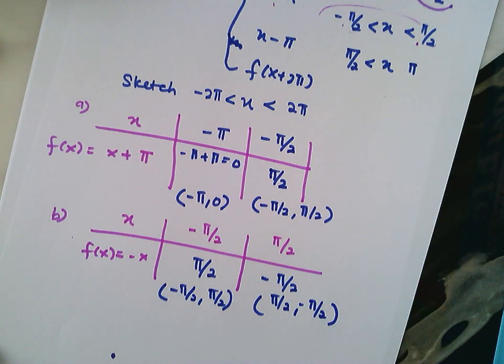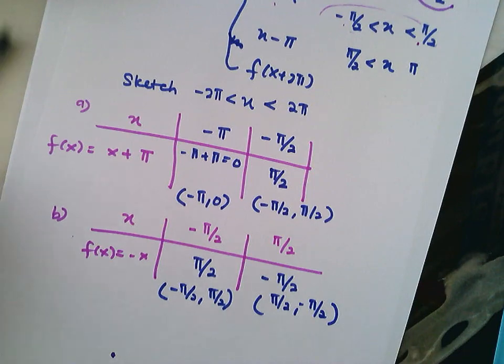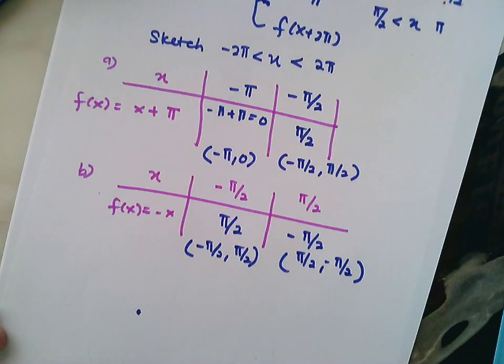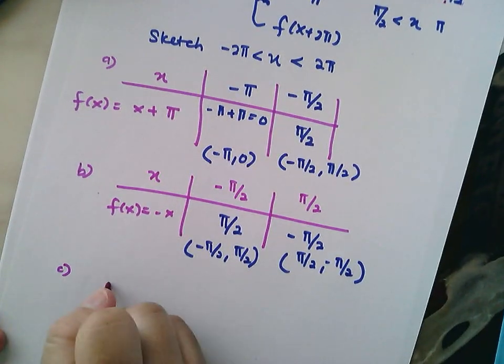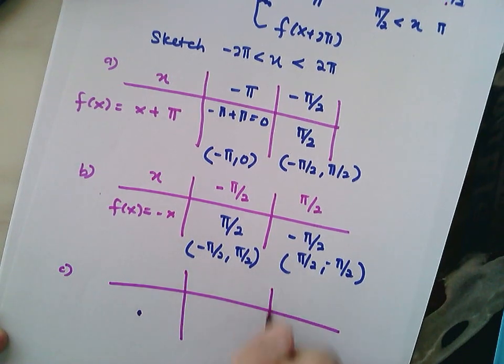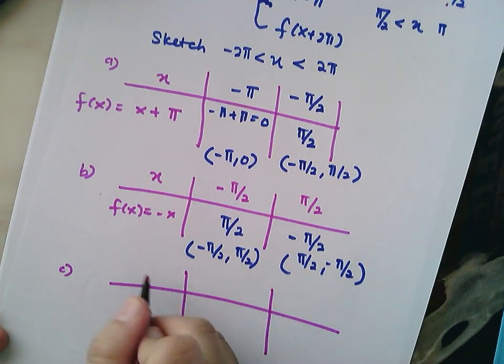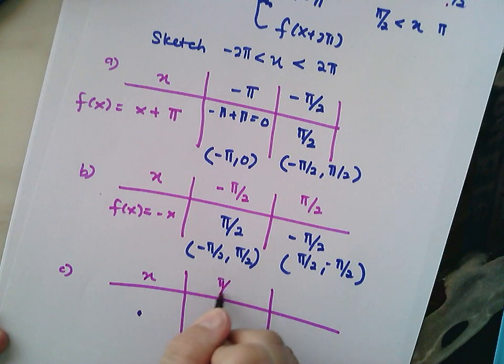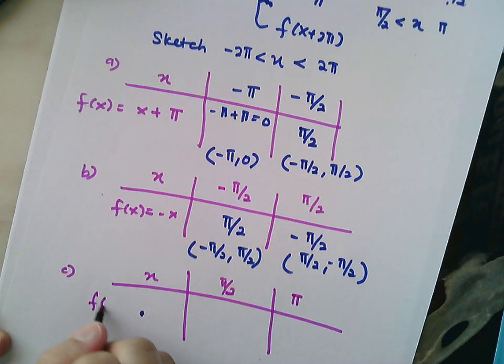The last function that you have is for x equal to pi over 2 and also pi, and your f(x) is given by x minus pi.